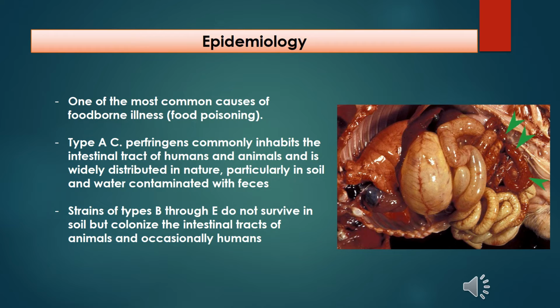Strains of types B through E do not survive in soil but colonize the intestinal tracts of animals and occasionally humans. Clostridium perfringens, particularly type A, is responsible for a variety of diseases including soft tissue infections, food poisoning, necrotizing enteritis, and septicemia.